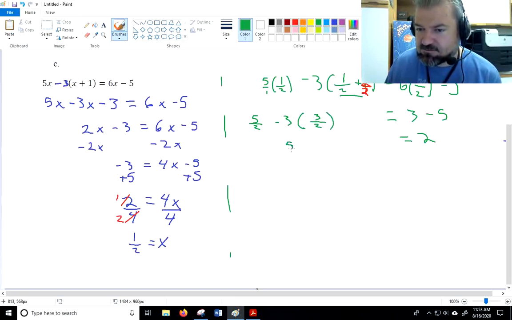All right, now we'll multiply 3 and 3/2. And I get negative 9/2. Remember, this is 3 over 1. When you multiply, it's top times top, bottom times bottom. So 9 over 2. And then 5 minus 9 is negative 4 over 2, which is negative 2. Oh, I forgot my negative over here. 3 minus 5 is negative 2.